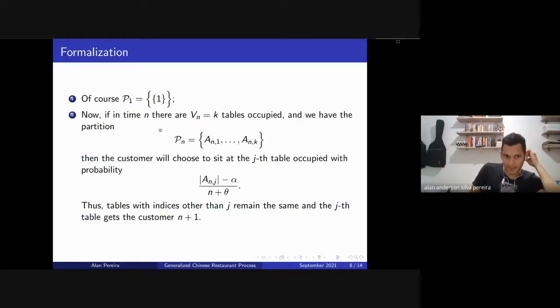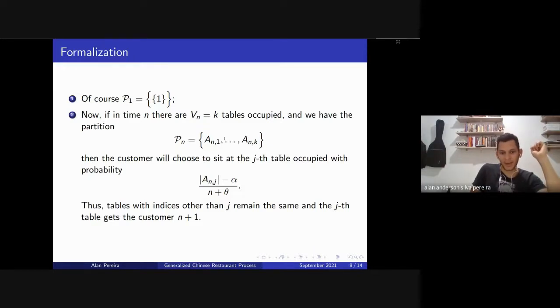But now, how do we go from time n to time n plus 1? Suppose that we have k tables occupied. K tables occupied means that the partition at time n is the first table, the second table, until the kth table. So we have a partition in k subsets.